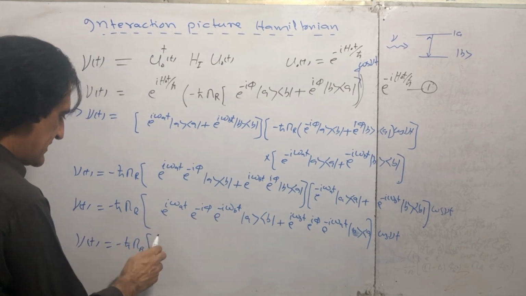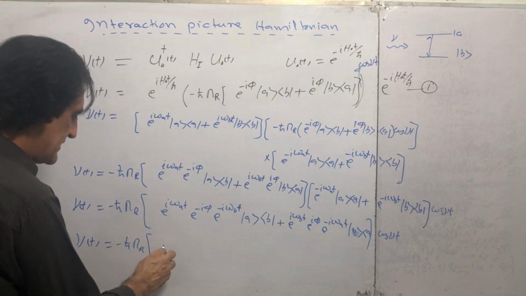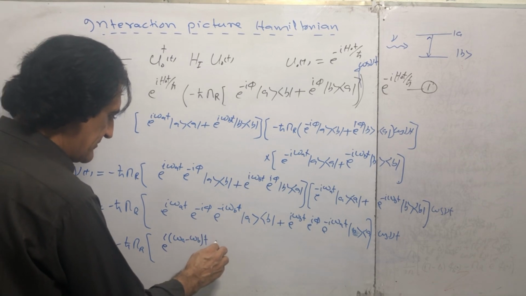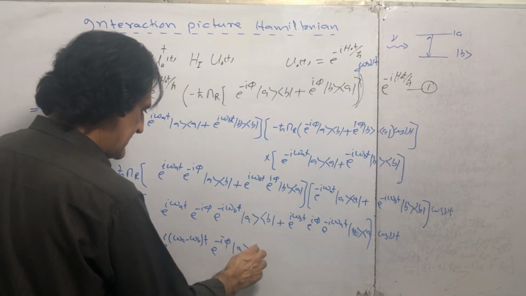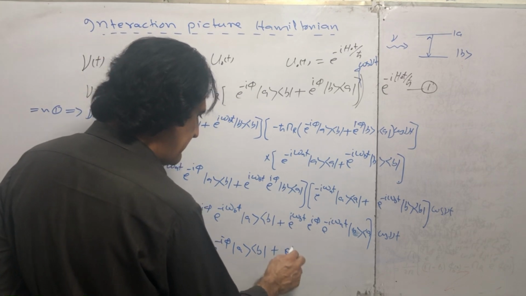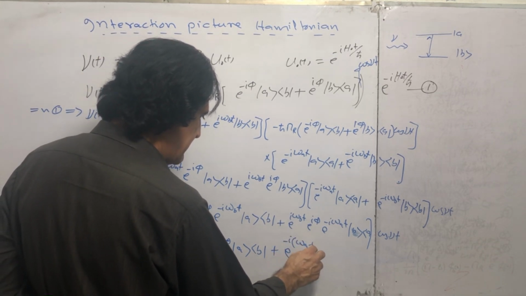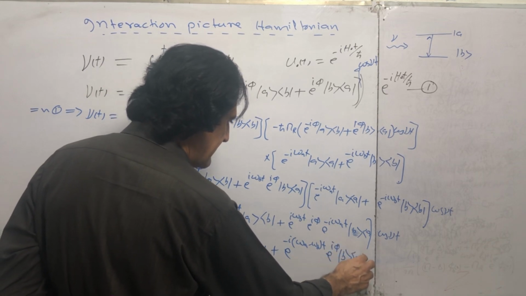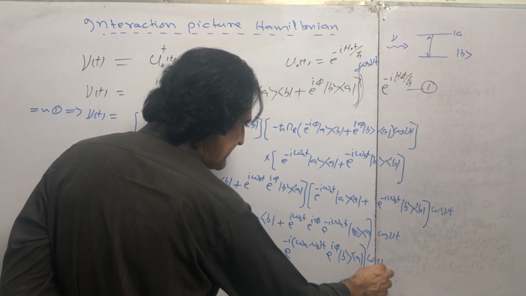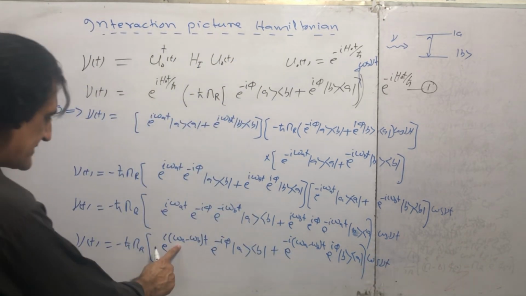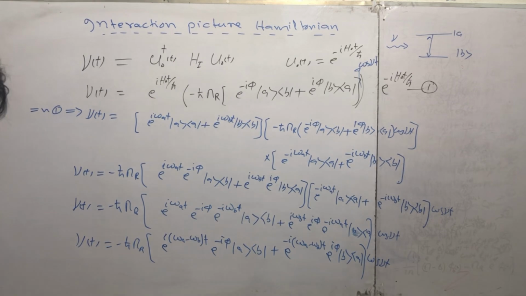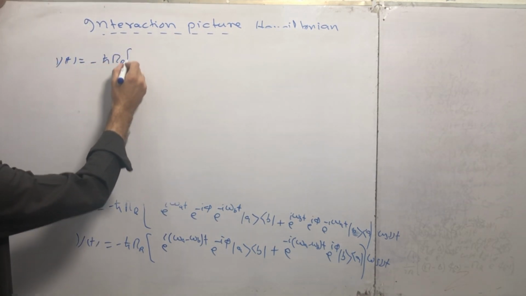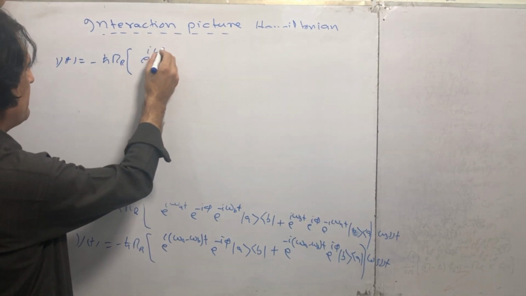Add the exponential of this one and this one. Then we have e to the power iota omega a minus omega b t and e to the power minus iota phi ab plus e to the power minus iota omega a minus omega b into t and e to the power iota phi ba and cosine of nu t. What is this? This is the transition frequency, and e to the power iota omega ab t.